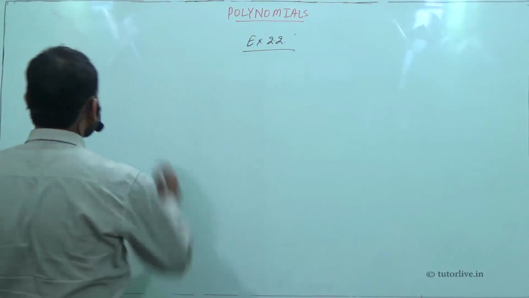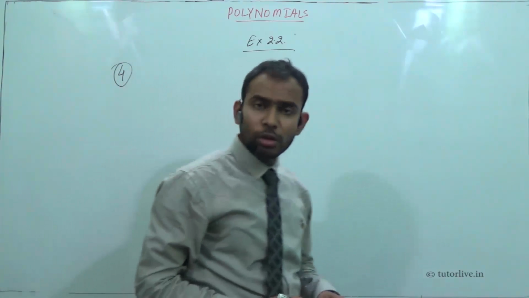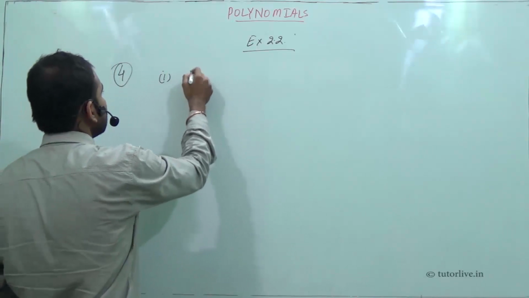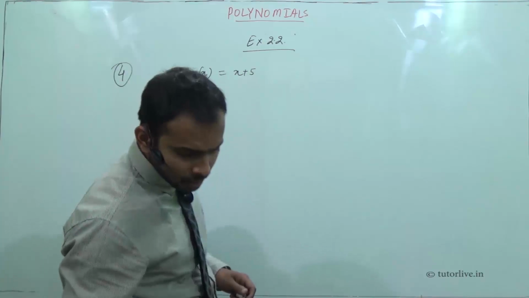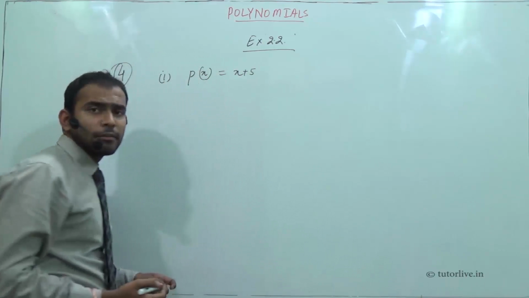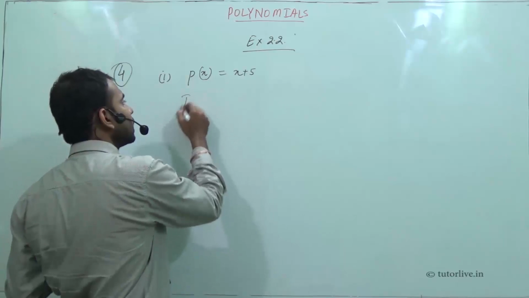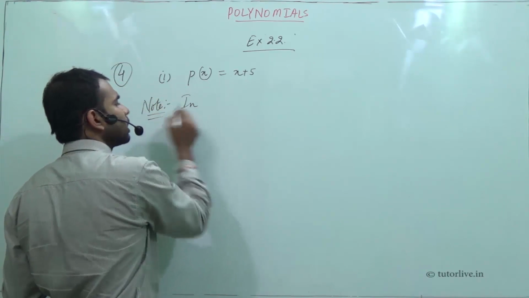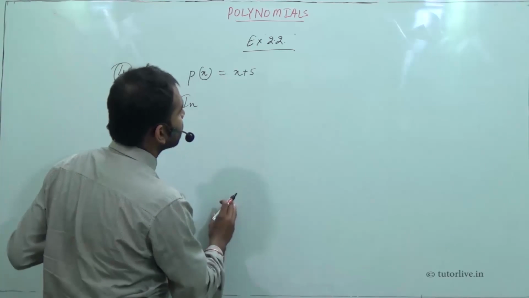The fourth question is find the 0 of the polynomial in each of the following cases. So we have this first part, p(x) is equal to x plus 5. That's it, simply. This is a simple note that I am giving. You must keep it in mind and in your copy so that it will be utilized in your future purposes.